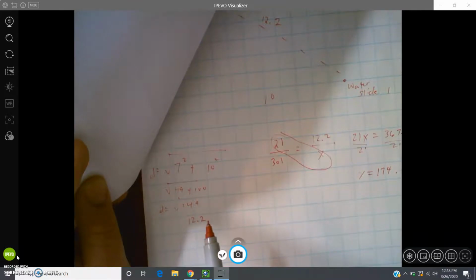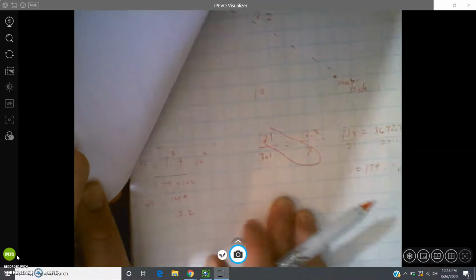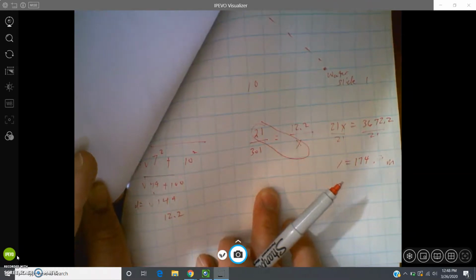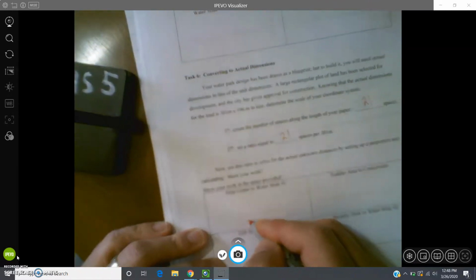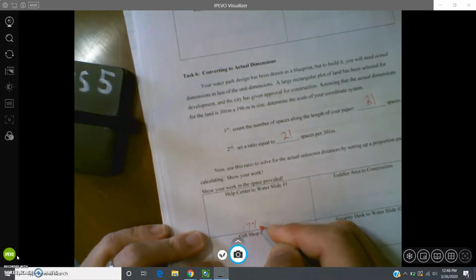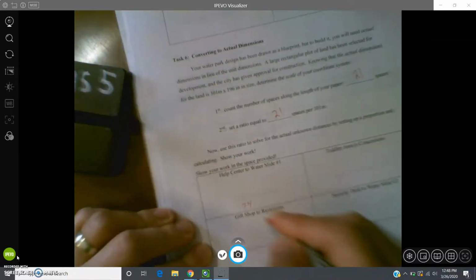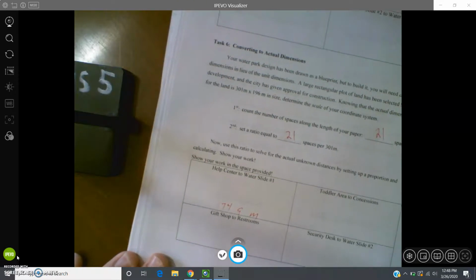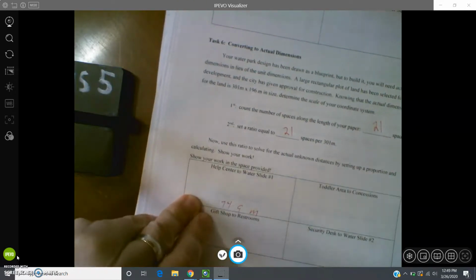So 12.2 squares. Then I set up a proportion, I cross multiply, and in this case I got 174.9 meters, which would be the distance between those two objects. All right, sorry about the video going in and out of focus. I don't know if that would have helped, but anyway, that's exactly how we do it.